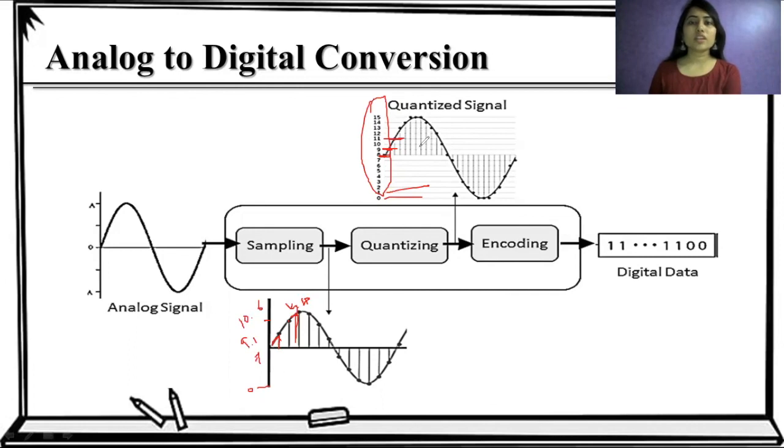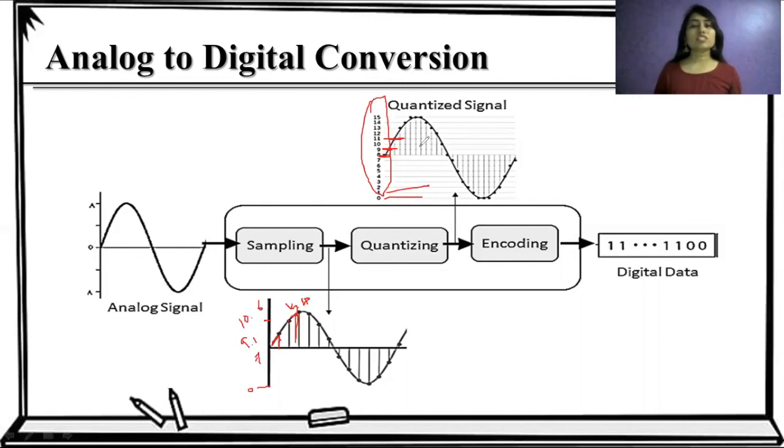After this quantized signal, we give it to the encoding block. The encoding block converts this quantized information into its equivalent digital form. For example, if we have a 7 over here, we convert this information into digital form like 0111, the binary representation of 7. Then for example, for the next number 9, we use 1001.